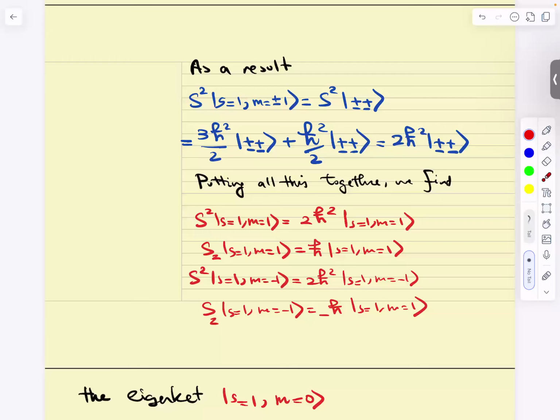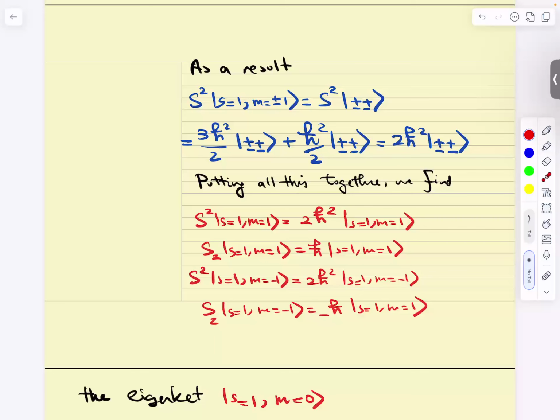S squared is S1 plus S2 squared, and SZ is S1Z plus S2Z. We acted with S squared on plus plus or minus minus, and the result was 2ħ squared times plus plus or minus minus. We acted with SZ on plus plus or minus minus, and the result was plus or minus ħ times plus plus or minus minus.